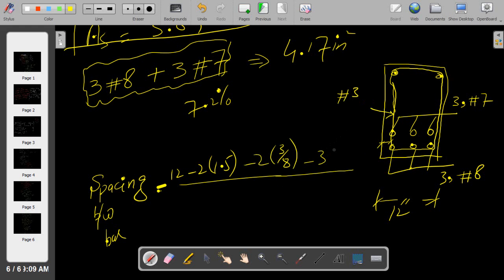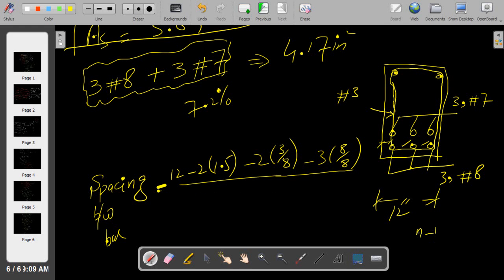And we have 3 number 8 bars, so the diameter of the 8 bar is 1 inch, and we have 2 spacings right here, this spacing and this spacing, so we divide by 2. The number of spacings is n minus 1.